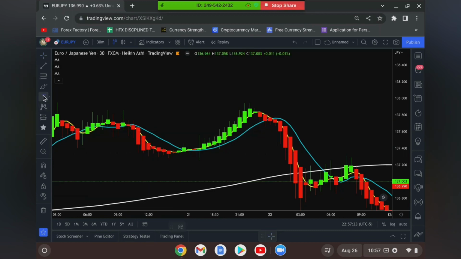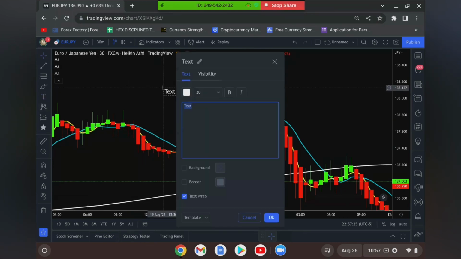So let me go ahead and put that on the chart for you guys. Blue over yellow is equal to a sell. Yellow over blue is equal to a buy.